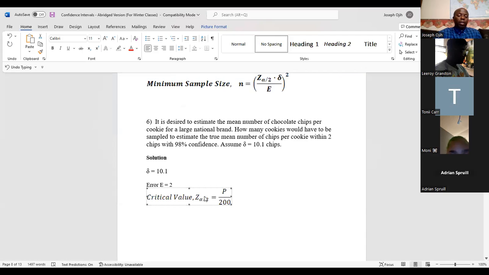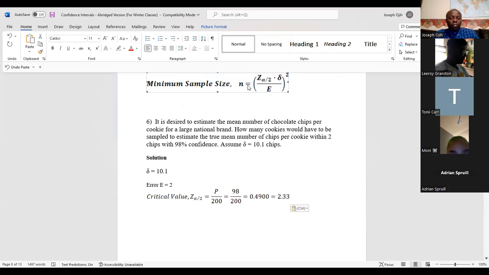So I put it here. Note that we did this because we don't have the critical value for 98%. If it is on the table, we can just pick it from there and put it in. Now, having found that, let's calculate the minimum sample size.